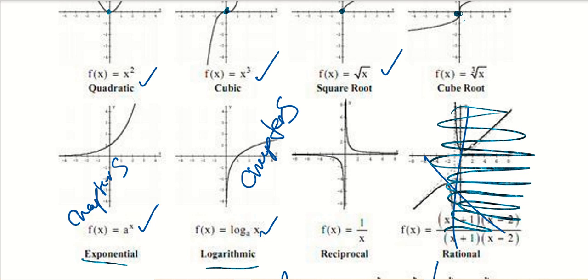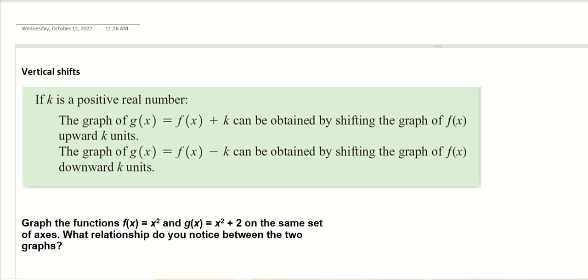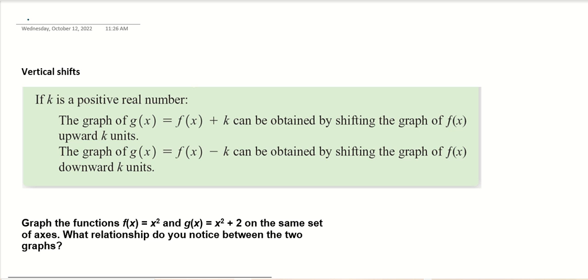Do we have any questions on our basic functions? I'm sure they're going to get tricky. So in section 4.1, and this should really say chapter 4.1 at the top, we look at the shifting of our graphs. Let's first talk about vertical shifts.